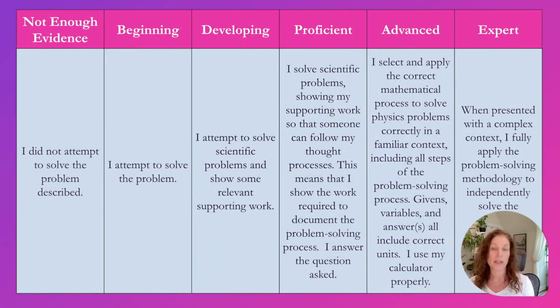All right, here's the rubric. Like I said before, you're going to stop at the level at which you are targeting. When we're going through this video, you can always revisit the video to look at the next level when you're ready.